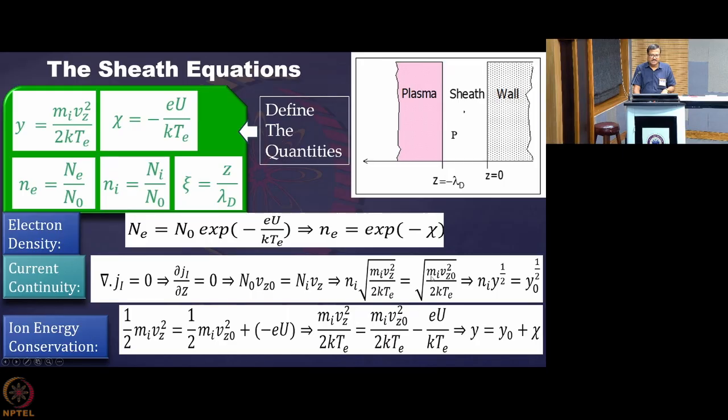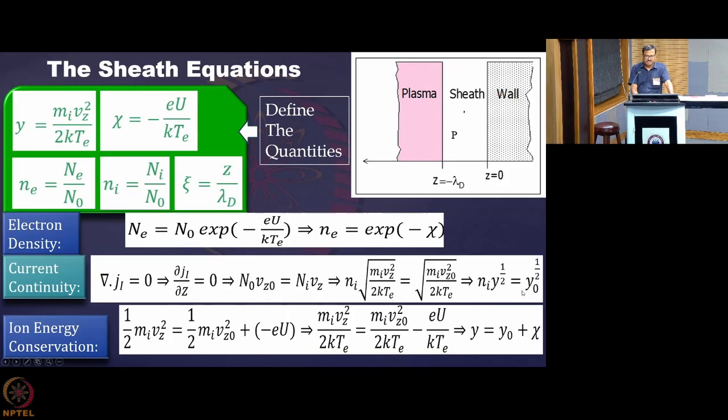This equality now maintains, and because we have divided Ni by N0, ni appears only on one side. In terms of dimensionless parameters, the way we have defined it, it becomes ni, y to the power half equal to y0 to the power half. What is y0? This parameter is the dimensionless kinetic energy, and y0 represents it at the plasma edge, while y represents the kinetic energy at any point within the sheath.